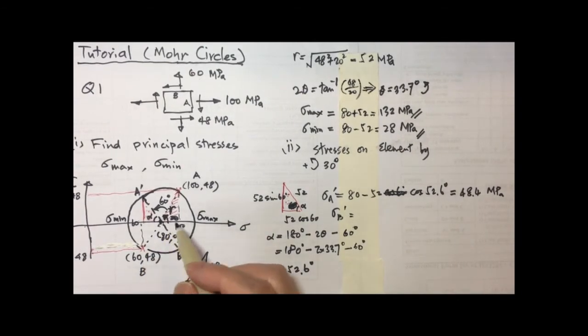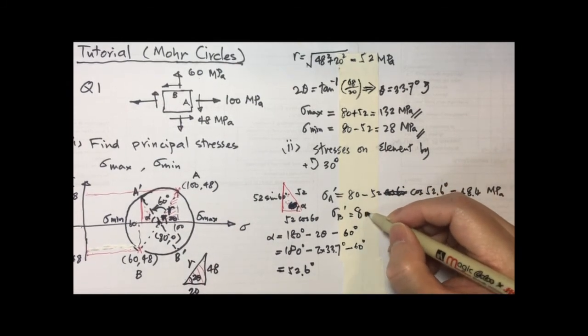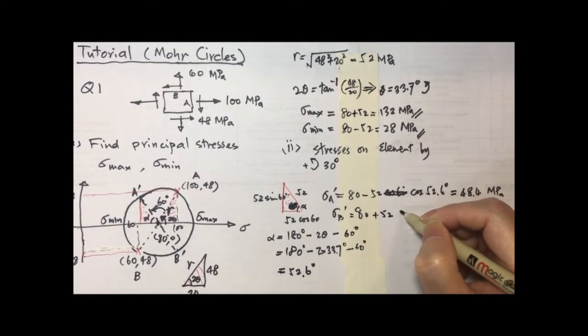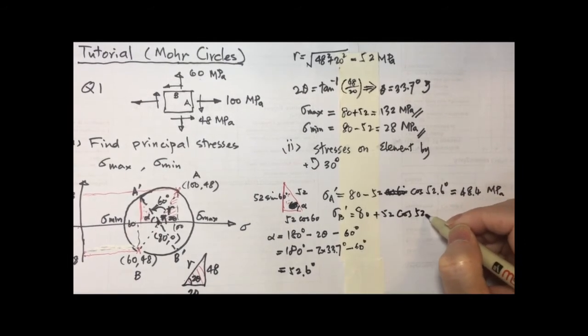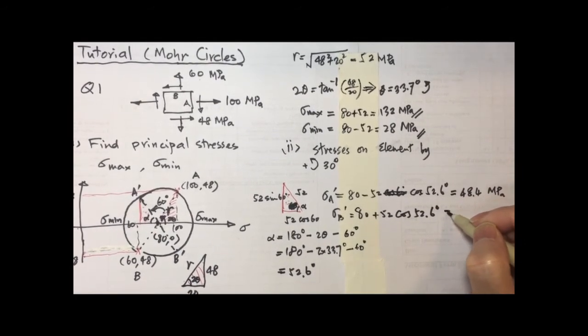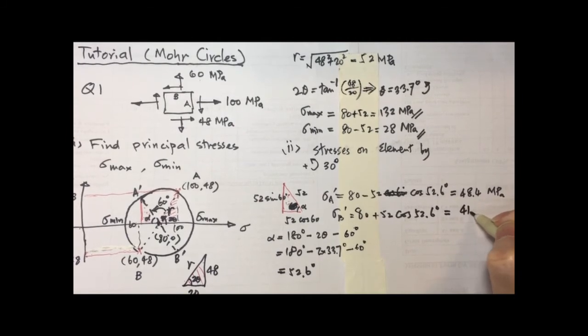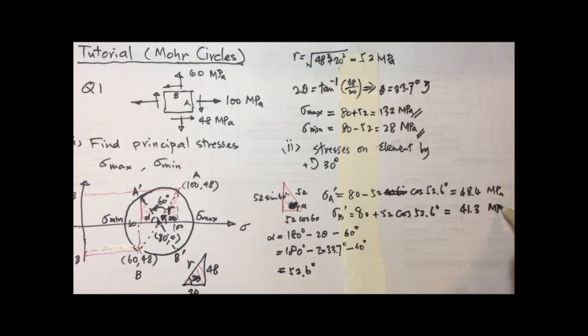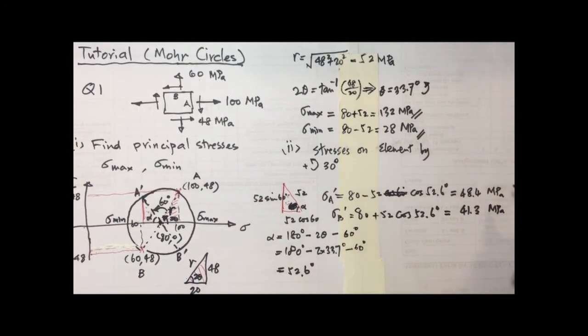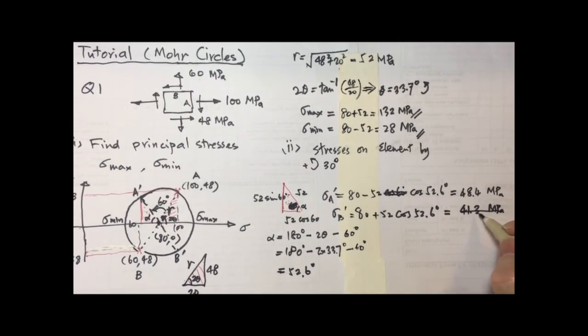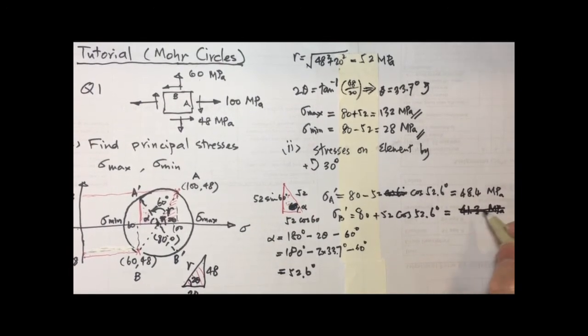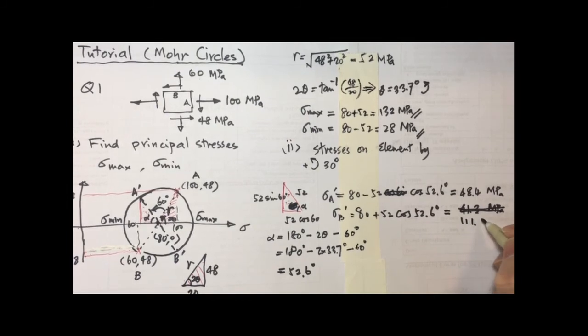So what's the stress here, right? So it's equal to what? That is 80 plus 52 cosine 52.6 degrees. So it gives you 41.3 MPa. Sorry, it should give you 111.6 MPa.